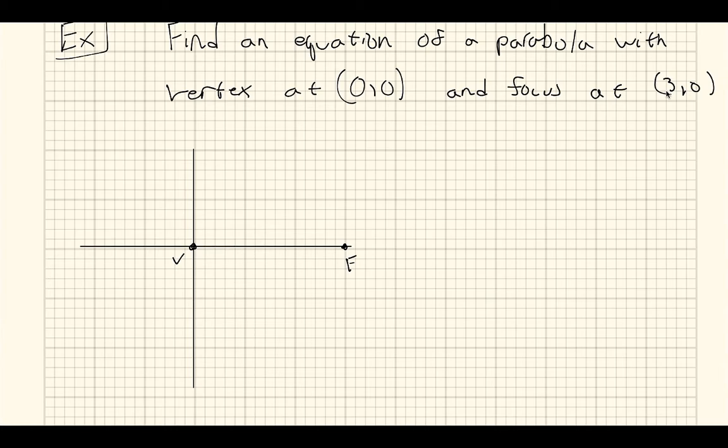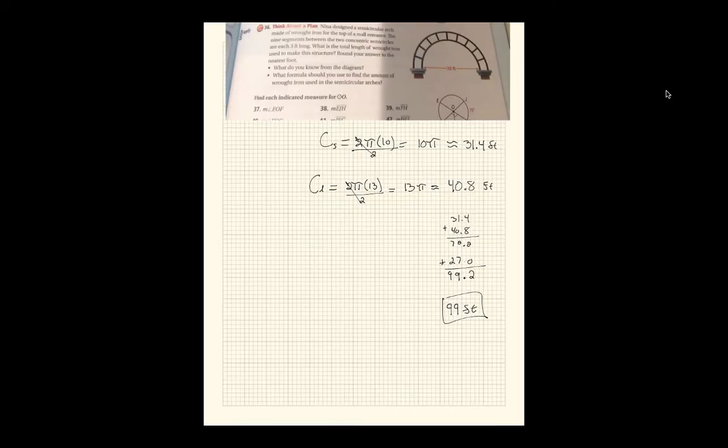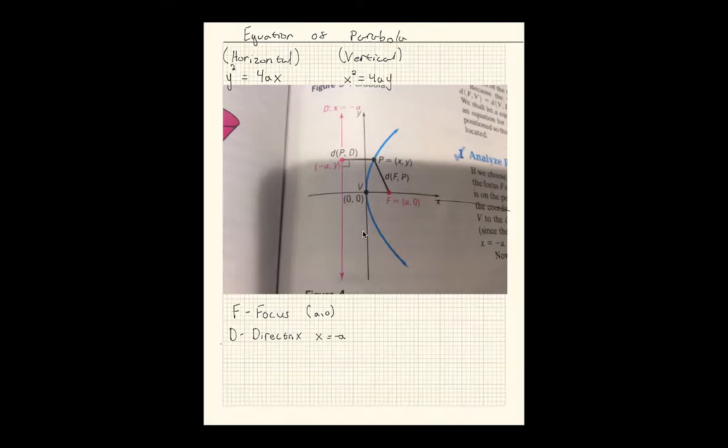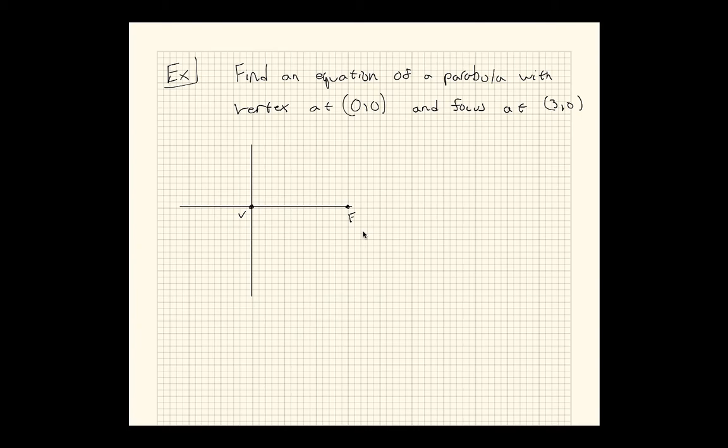The focus is always in between the arcs of your parabola, just like this one right here. This parabola opens to the right, and the focus is between your arcs here. In the scenario that they just gave us, it should be the same. We should know we're opening right, so it's a horizontal parabola.